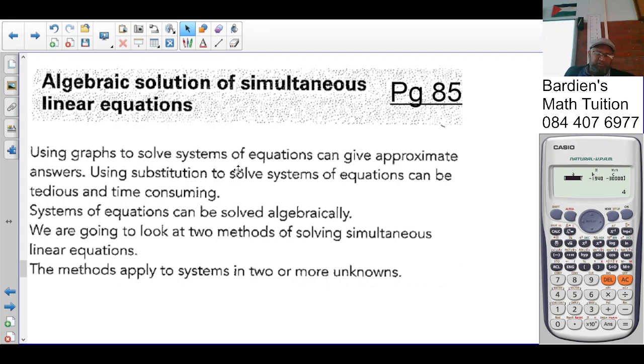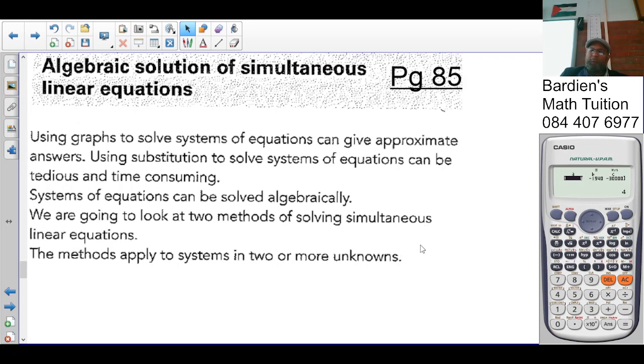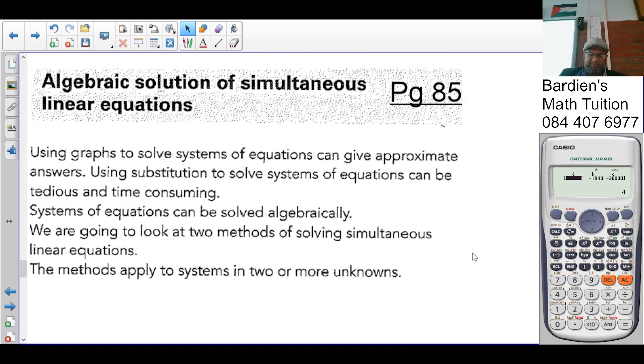So we're going to look at two methods of solving simultaneous linear equations. As I said, we're going to delve into one method only, because of time constraints. The method applies to a system in two or more unknowns. You've dealt with simultaneous equations last year as well, not so?